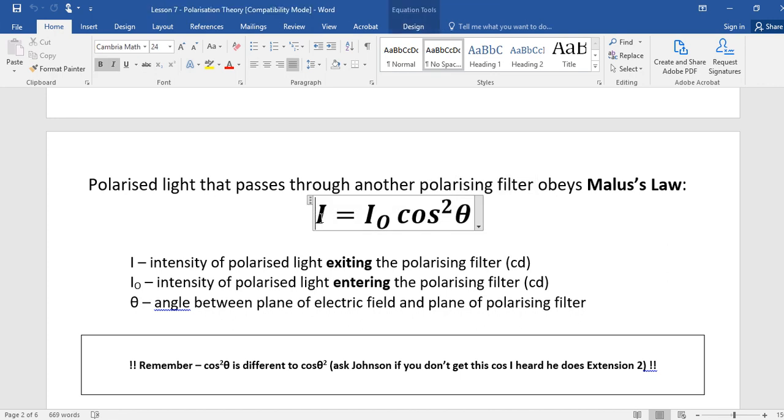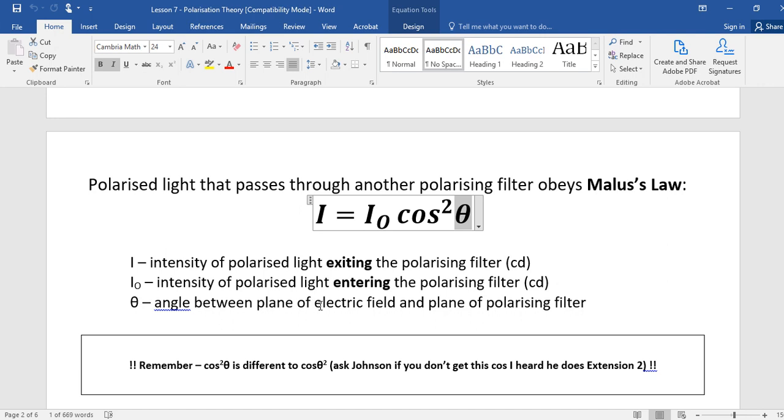So this I here is the intensity of the light coming out of the second filter. This I naught, or I original, is the intensity of the light entering that second filter. So it's the intensity of the light that's come out of the first filter. And then theta here is the angle between the plane of the electric field and the plane of the polarizing filter.